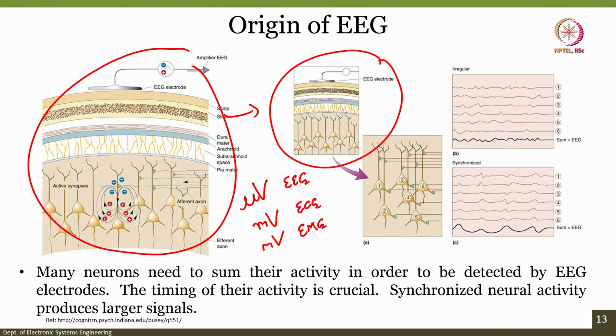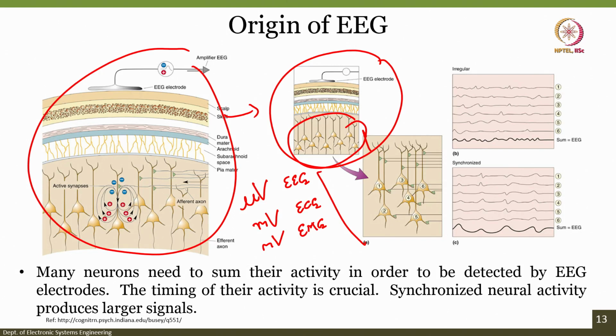And if you go further in this region, then you will see the afferent axons, how they are associated, and you can very clearly see the synchronized EEG versus irregular EEG. You can easily understand through the data obtained using the 10-20 system.